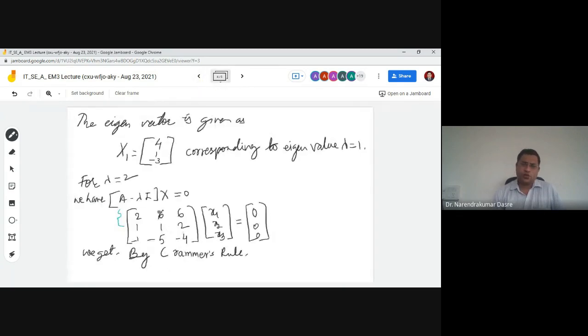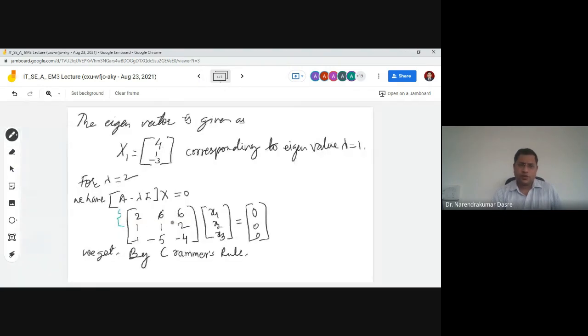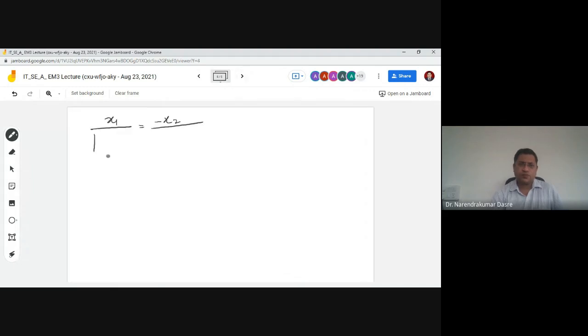For x2, we have to remove the second column. So we can have 2, 6, 1, 2. Sorry, here we need to check this minor. We have to consider within these 2 equations, so that will be 6, 6, 1, 2.